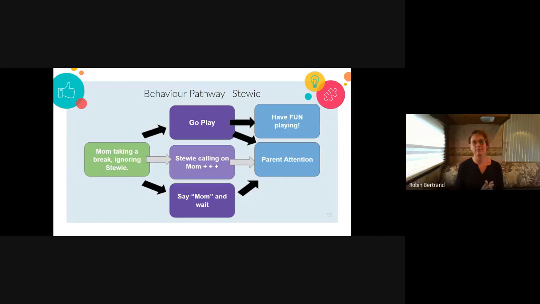To make problem behavior not work, Lois would need to be super firm with her resolve to not respond, even if Stewie continues to nag. Since Lois would no longer be giving attention to the behavior that had functioned for attention in the past, she would be using extinction. So if it would happen again that Stewie would approach Lois and she's told him no and he continues to nag, "Mama, me, mama, mama," she would need to be very firm with not responding to him because he's demonstrating that problem behavior.